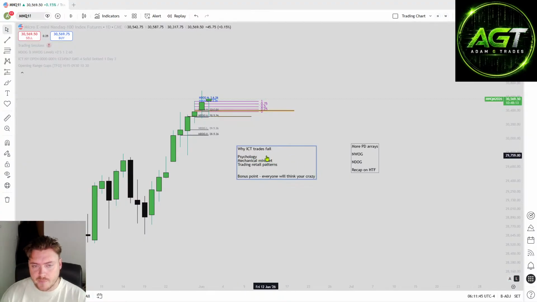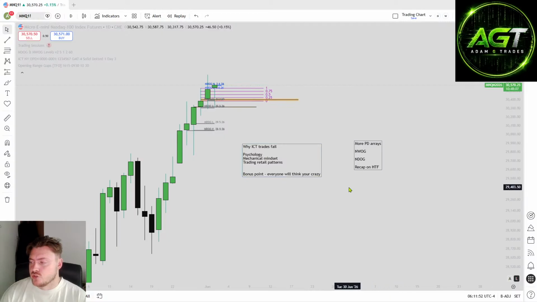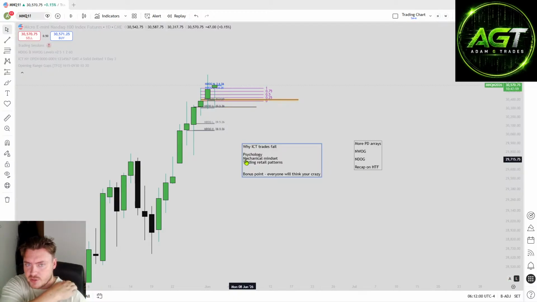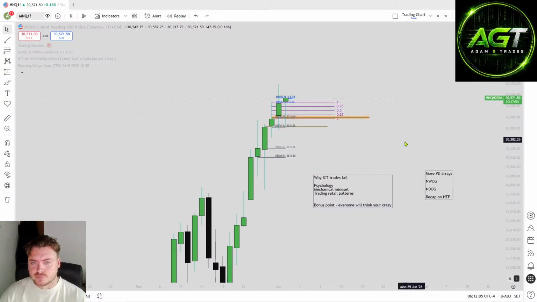So key point there. Also, it's knowing the basics of market structure but not knowing the context of the market, meaning high time frame bias and higher time frame PD arrays.